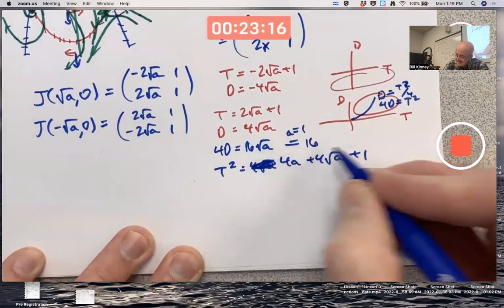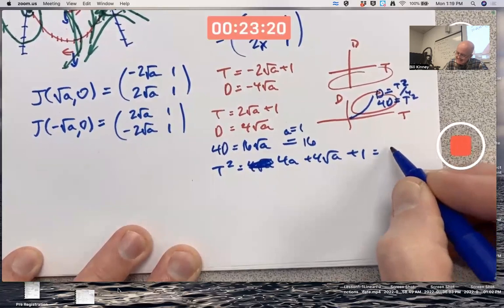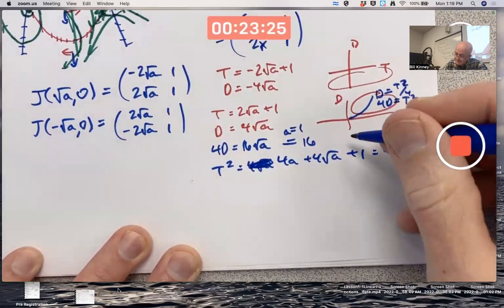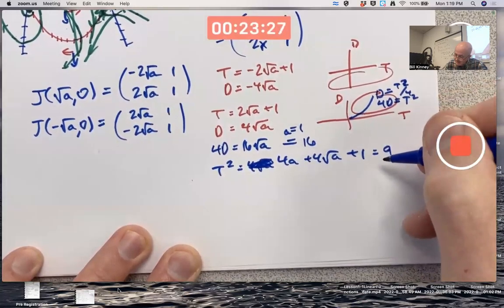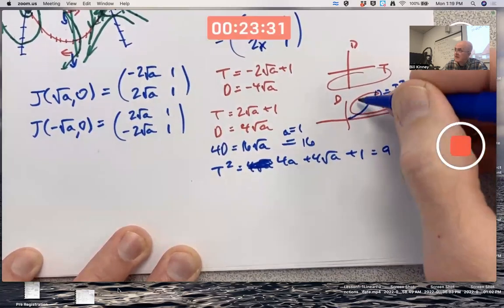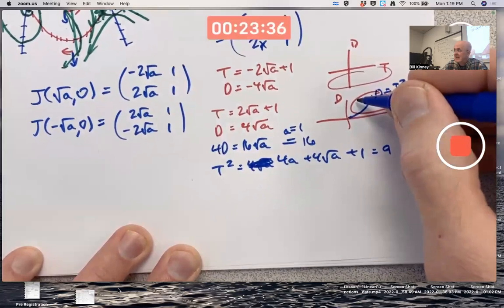This becomes a 16 and this becomes a 9? 4d is bigger than t squared. D is bigger than t squared over 4. You're above the repeated root parabola, spiral source, when a is 1 at least.